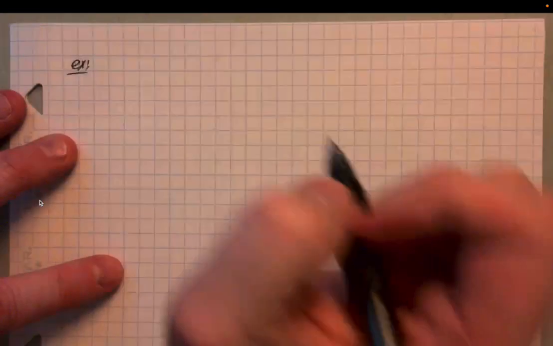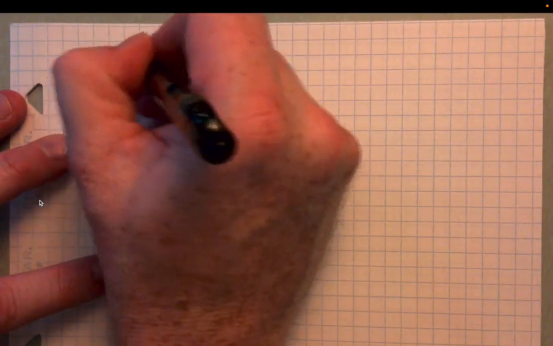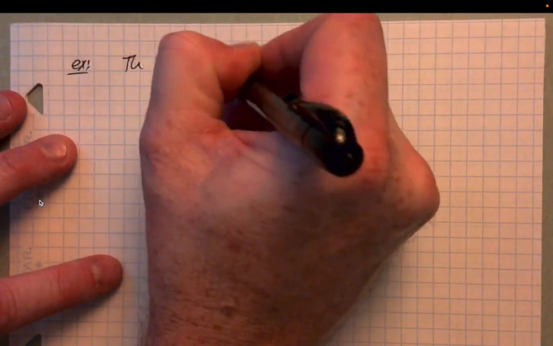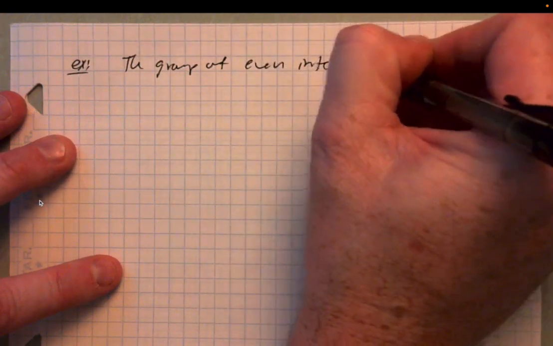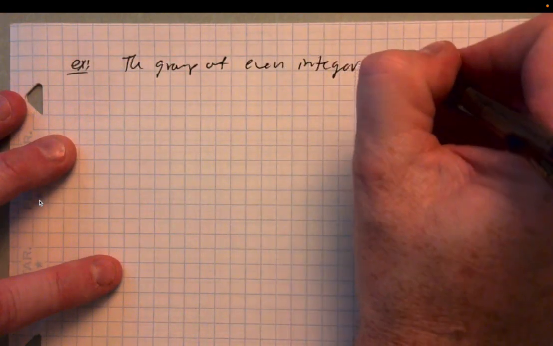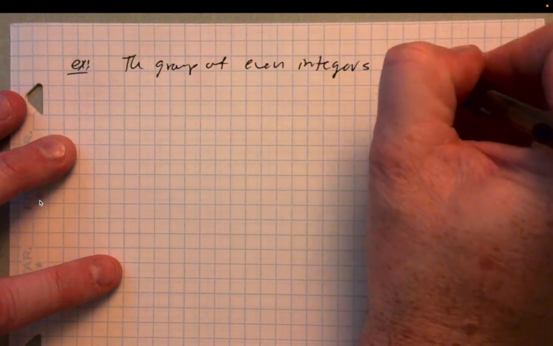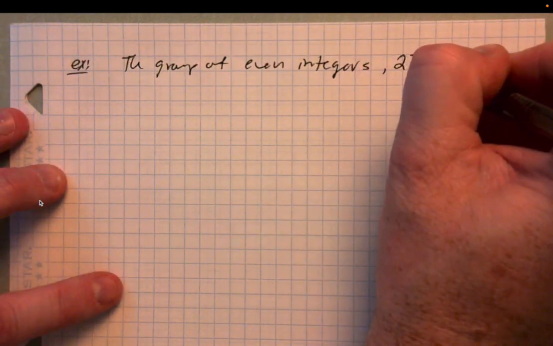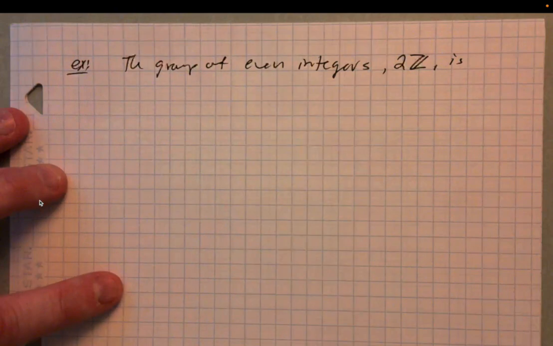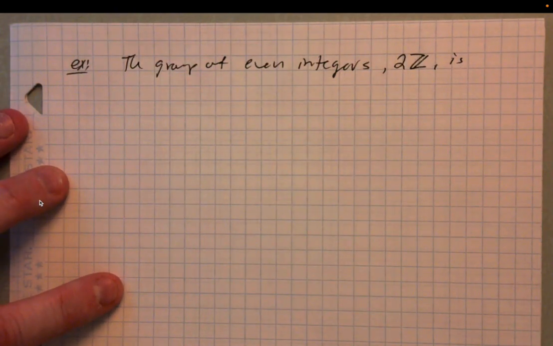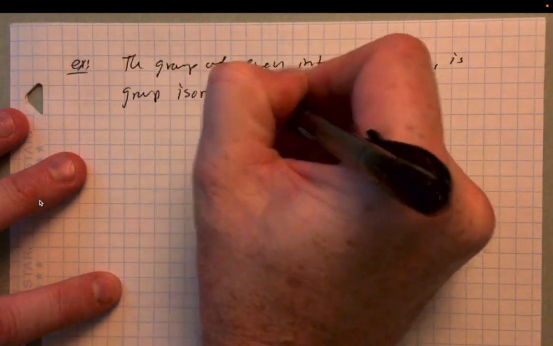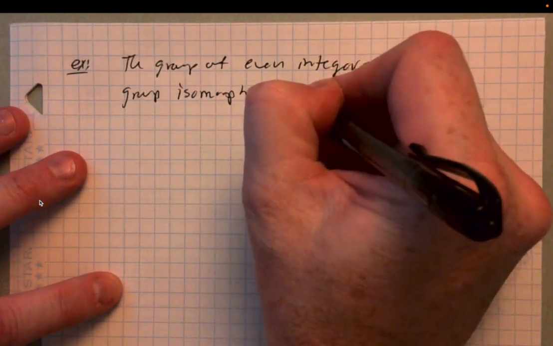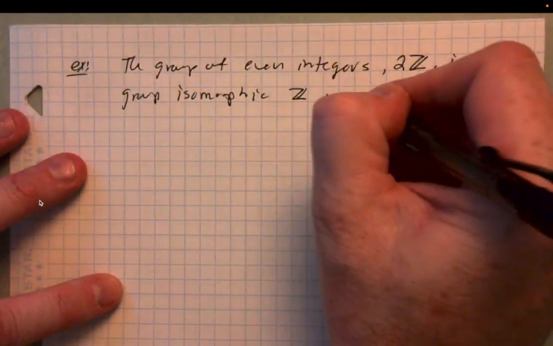So let's think about the group of even integers. We know this is a group, and we typically would denote this as just 2Z. So the group of even integers, 2Z, is group isomorphic to the integers, right, under addition.